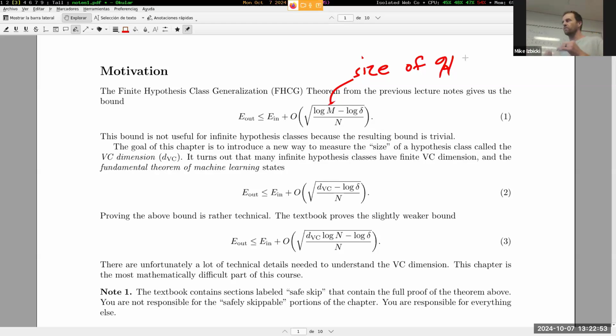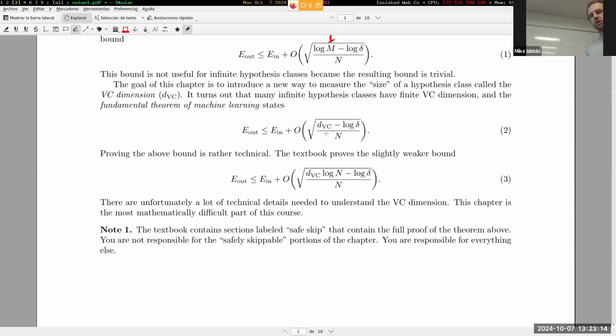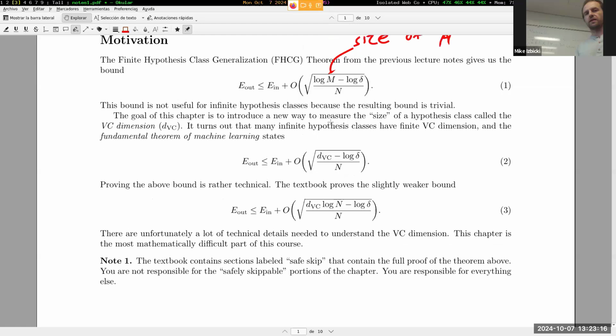This is just a review, so you don't need to feel like you have to write down everything that I'm writing right here. But the M here, the size of our hypothesis class, is particular to finite hypothesis classes. We talked about those because they're easier to understand, but we don't usually use those in practice.